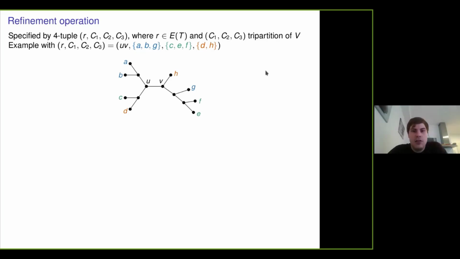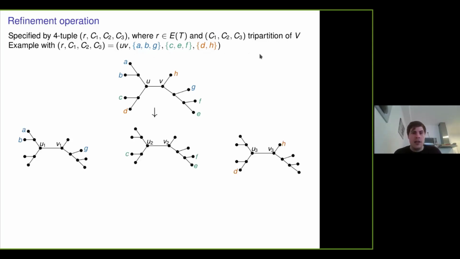So we start with this branch decomposition, and what happens with refinement specified like this. First we take 3 copies of this branch decomposition, let's say copies T1, T2, T3. In each of these copies we keep only the leaves from the set Ci.